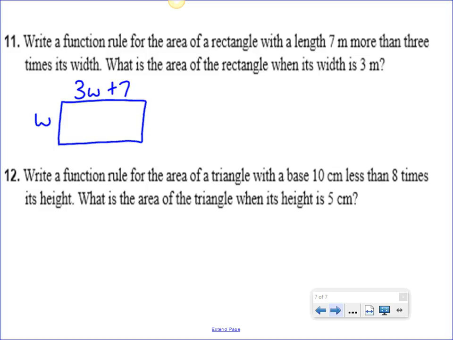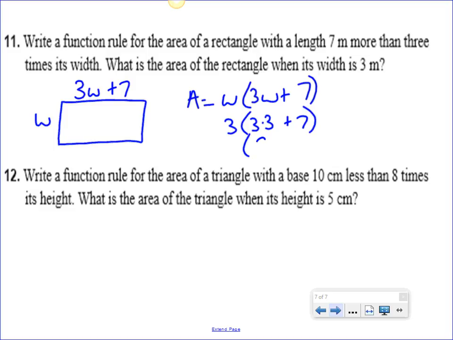So the area is equal to W times 3W plus 7. And if I plug in a 3 for the width, I'd have 3 times 3 times 3 plus 7. Inside I get 9 plus 7, which is 16. So 3 times 16 is 48. And our label here is meters, so it'd be meters squared.